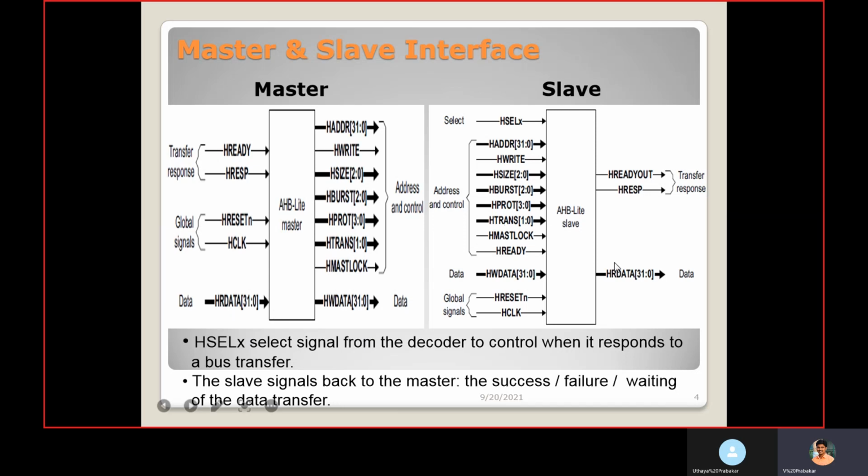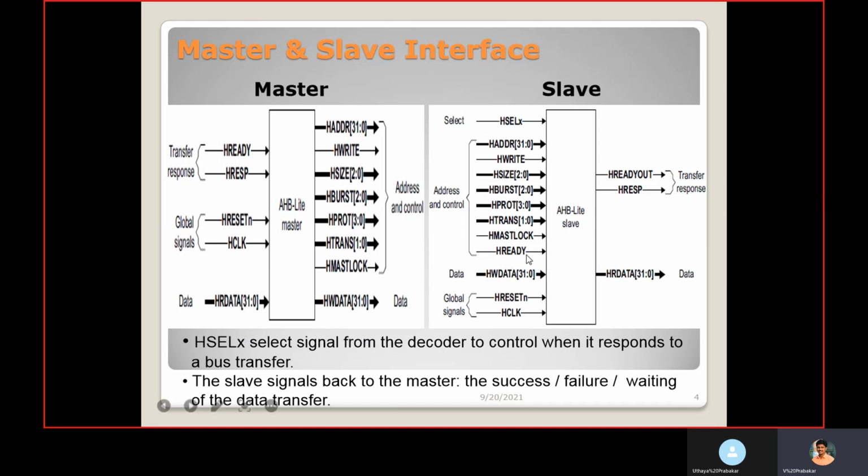If it is a slave, these signals are the inputs: HADDR, HWRITE, HSIZE, HBURST, HPROT, HTRANS, HMASTLOCK, and HREADY. Sometimes we can divide HREADY into HREADY in and HREADY out.